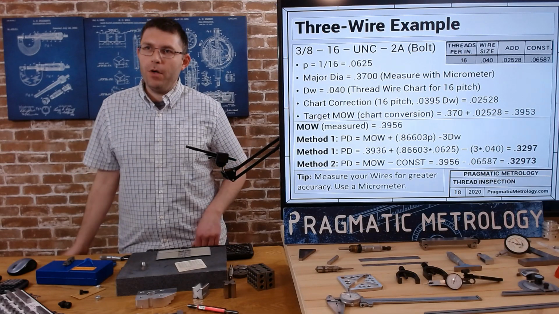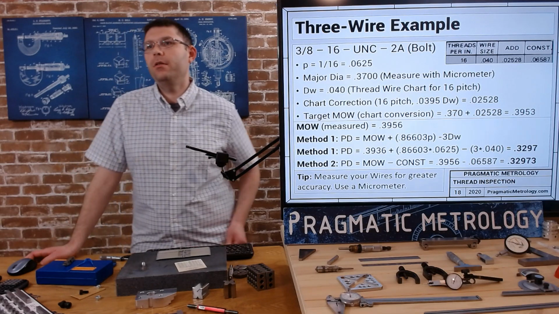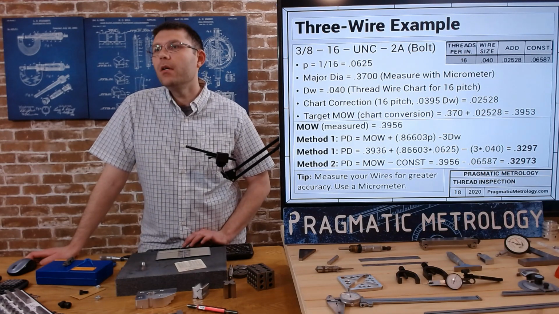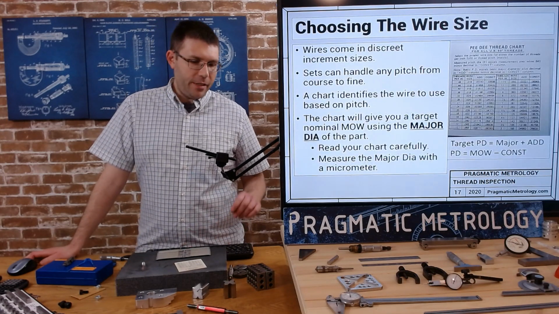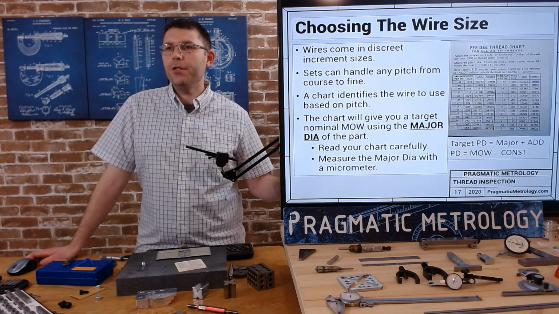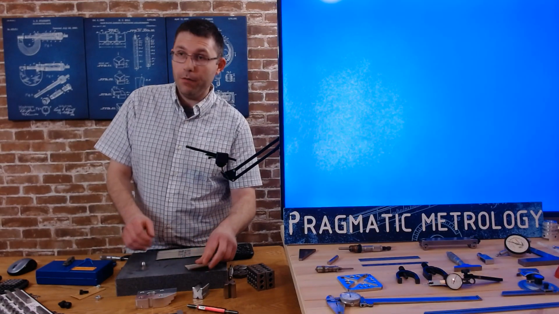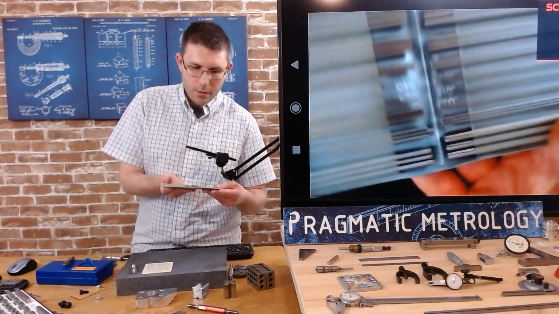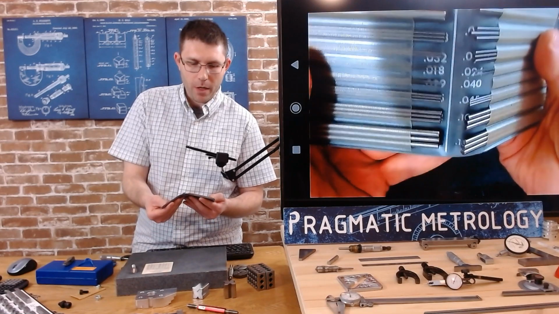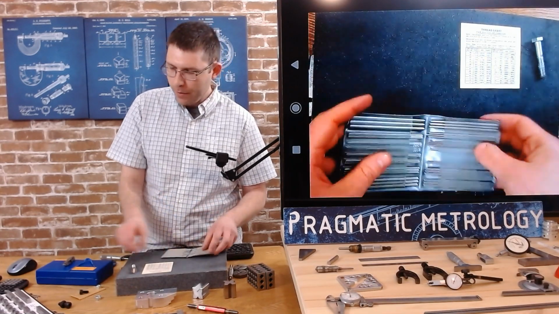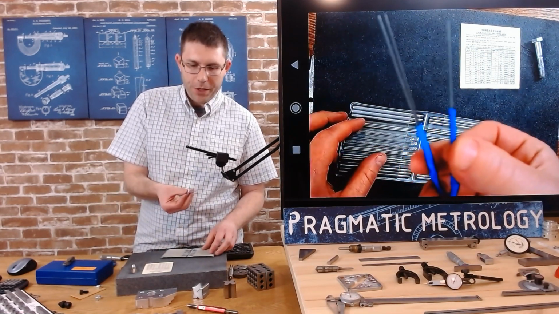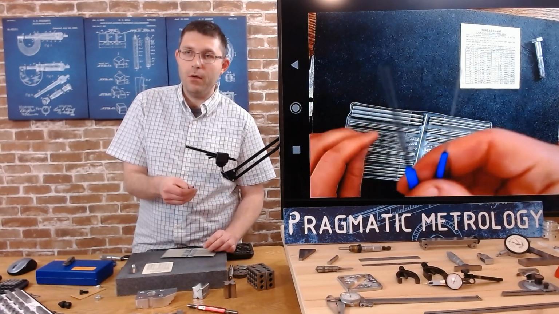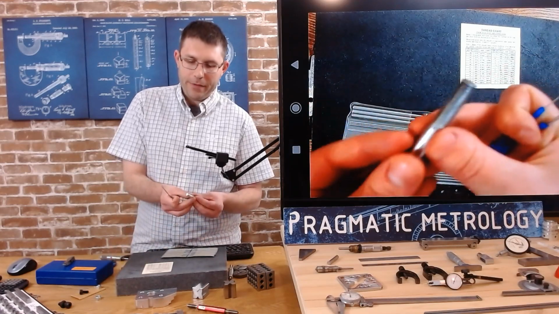So you know what? Before we even go into this, why don't I demonstrate it? So measuring over wires, let me give you a close-up on the wires. So here's the set of wires that come in different sizes. They're labeled. I've already pulled out the 40 thousandths wires to use on our 3/8-16 thread.